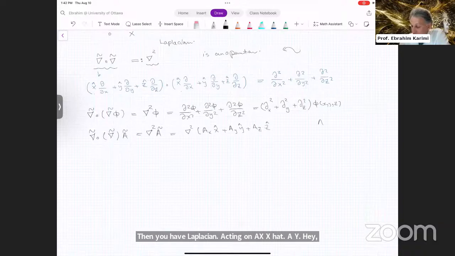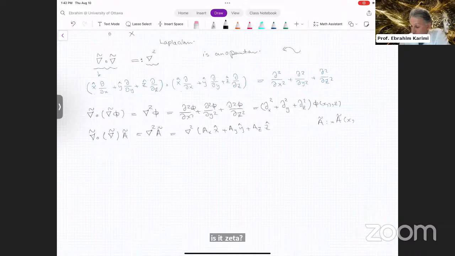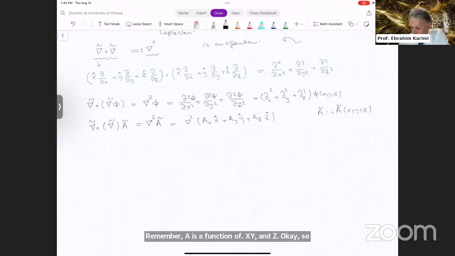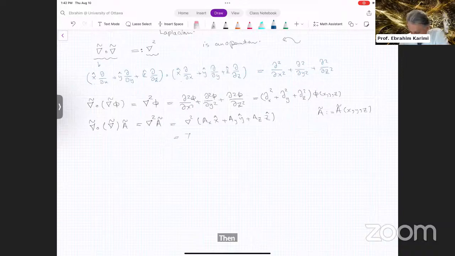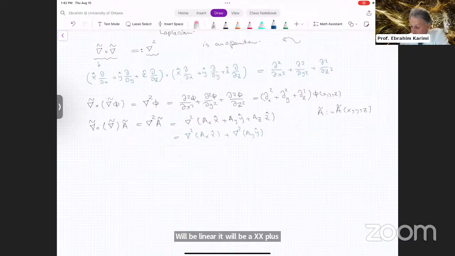Remember, A is a function of x, y, and z. Okay, so it's not a constant quantity. Then the Laplacian will be linear. It will be the Laplacian of AX x hat plus the Laplacian of AY y hat plus the Laplacian of AZ z hat.